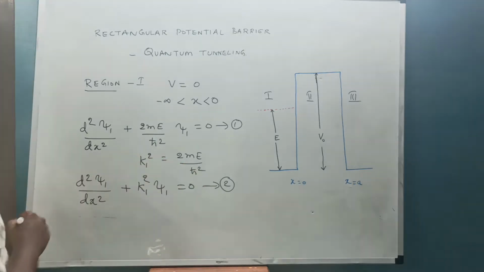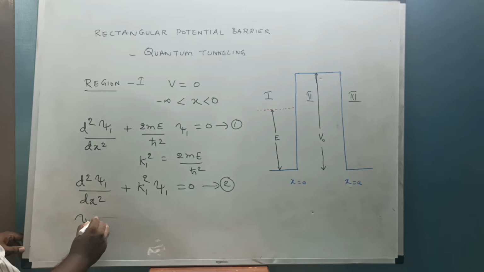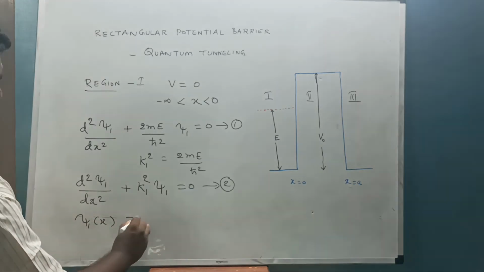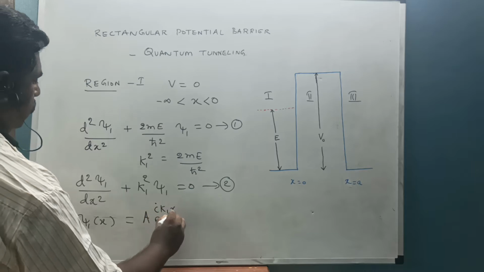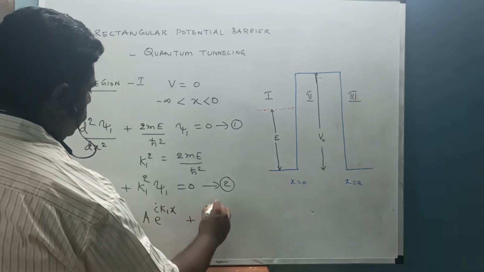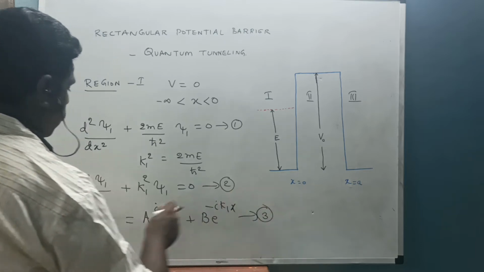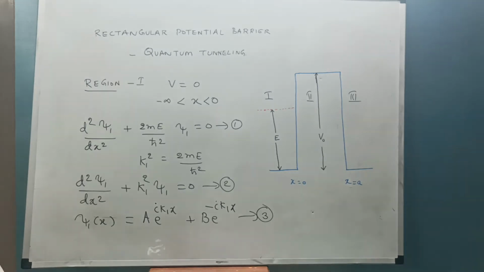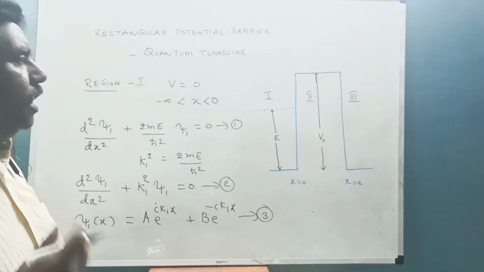Now the solution for this equation 2 is psi 1 of x equal to a into e power i k1x plus b into e power minus i k1x. This is equation number 3. Here a into e power i k1x is the incident wave, b into e power minus i k1x is the reflected wave.